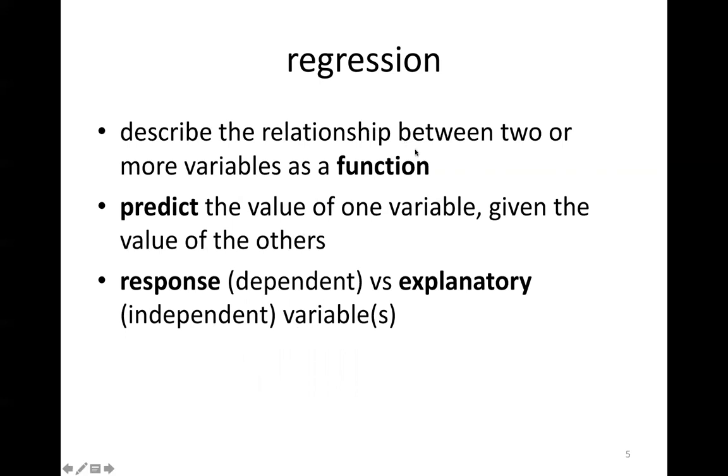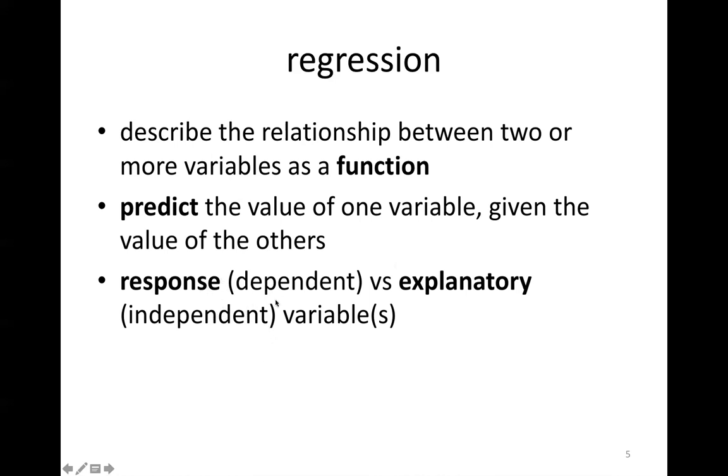So the tool that is regression is a mathematical function that describes the relationship between two numeric variables, and we use it for prediction. The variables have a special relationship between them.